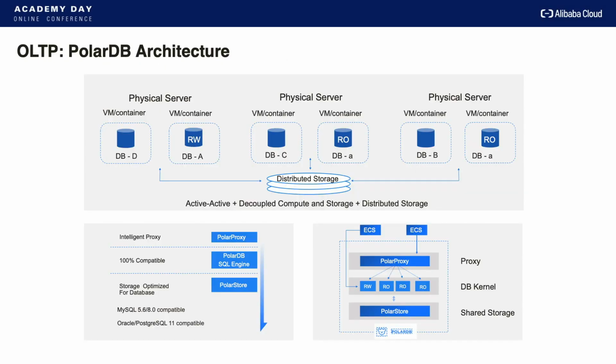So how do we make it happen? This is a very brief architecture introduction for PolarDB. Without going into too much detail, I just want to illustrate how we make it happen. Essentially, you have multiple databases, and all these databases can be running in containers, not necessarily on the same physical server. In this case, you might have 3 different physical servers.